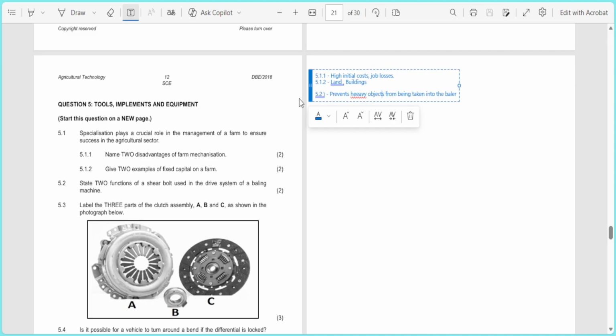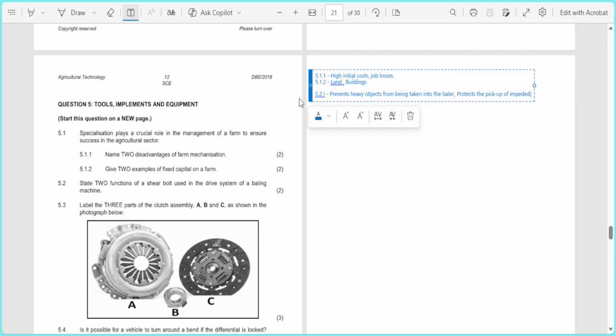Okay, let me fix some of the words here. Okay, this can be one. Protects the pickup if impeded. Okay, if impeded. So say maybe when something like a rock gets into the baler, right?